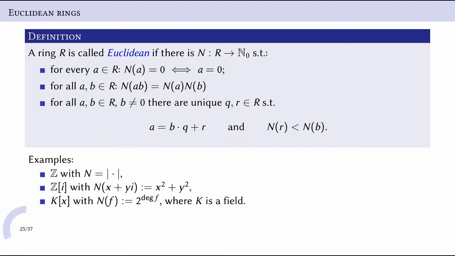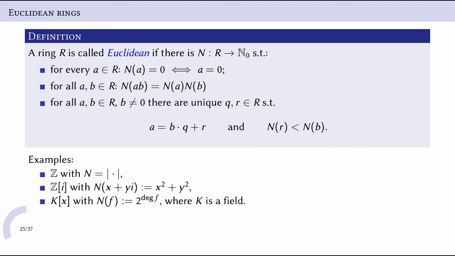Typical examples of Euclidean domains are the ring of integers itself. Here the norm is just the absolute value, but it's not the only example. Another important example is the ring of polynomials in one variable, so univariate polynomials.